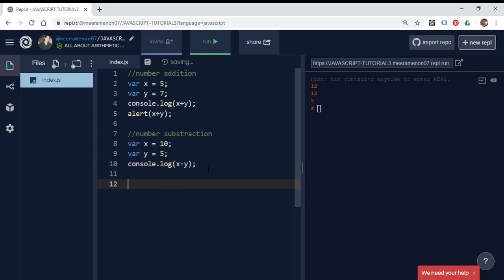Let's do another operation, multiplication. Okay, let's take a variable x, give it a value of 10. Variable y, 2.